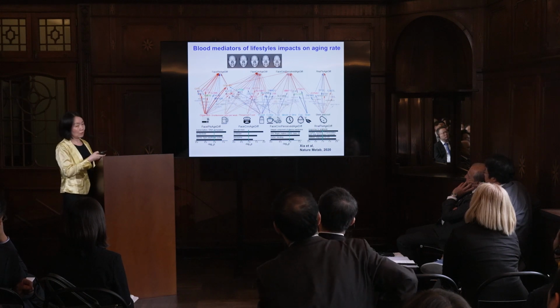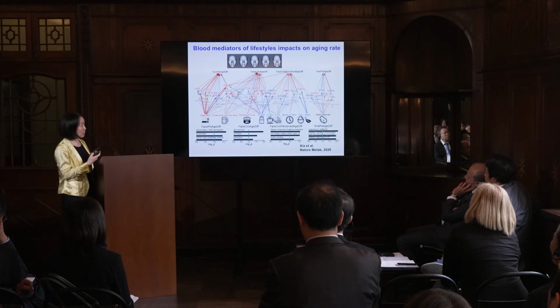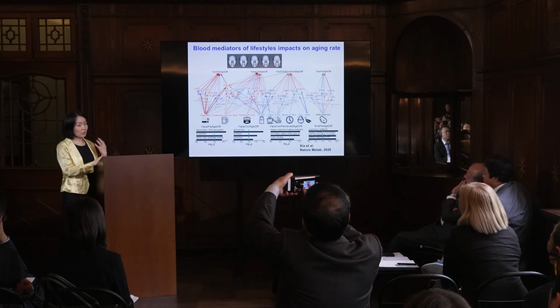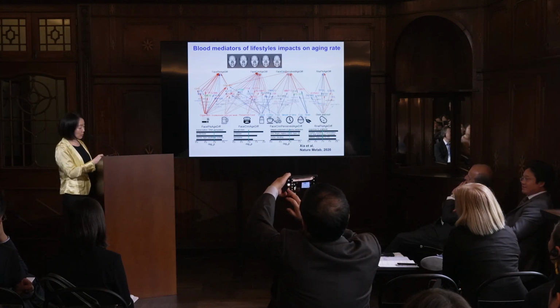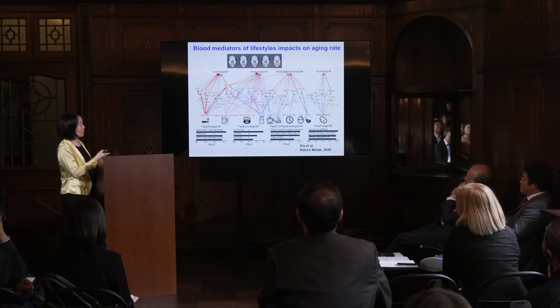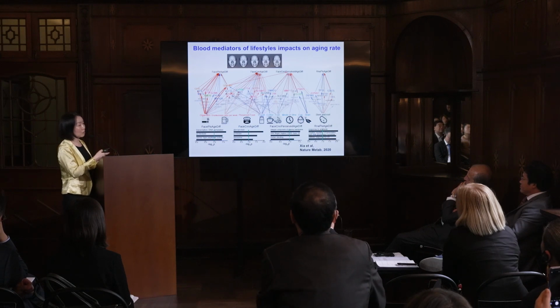What we found, of course, as expected, is that smoking and drunkenness accelerate facial aging the most, and both of them are mediated through inflammatory factors in the blood. Many of them are cytokines or cytokine-regulating transcription factors. On the other hand, some good lifestyles, such as yogurt consumption and even coffee consumption, slow down facial aging, mostly through epigenetic factors.